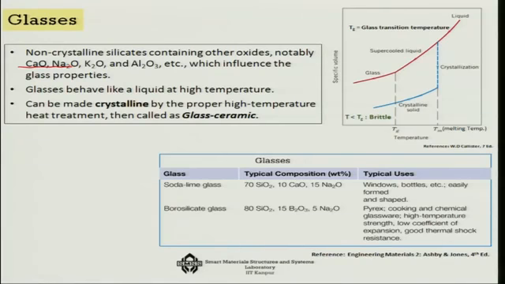Then the whole thing melts, and after melting comes the cooling process. As you can see here, from the liquid, if you hold it for a long time at a particular temperature, then crystallization takes place and you get crystalline solids.